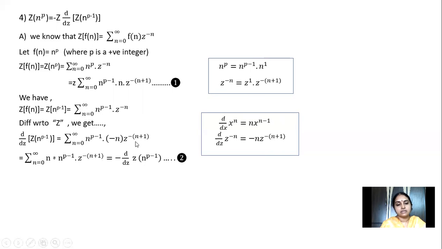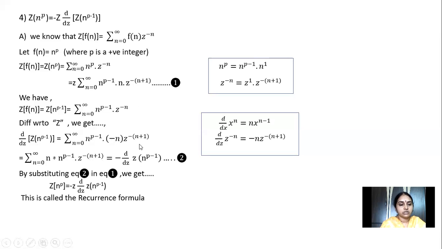So you take minus common, n plus 1 you will get. This is sigma n equal to 0 to infinity, this you can write n into n power p minus 1, z power minus of (n plus 1). This minus we have written this side: minus of d by dz of Z of n power p minus 1. This is equation 2. Right side, left side we have done equations.